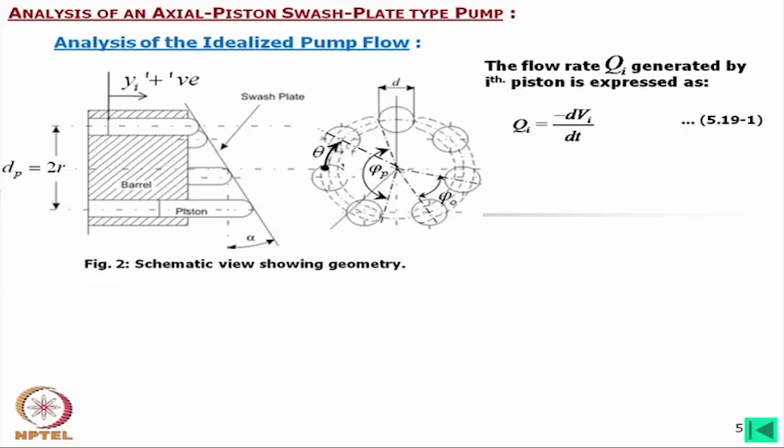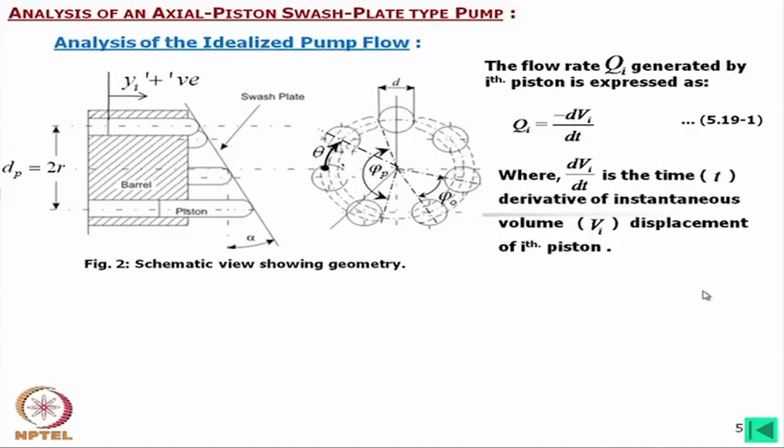It is simply the time derivative of the volume. Here the negative sign has come due to the axis considered, we will come to that later, but the quantity is that the rate of change of the entrapped volume will be the flow to a single chamber.